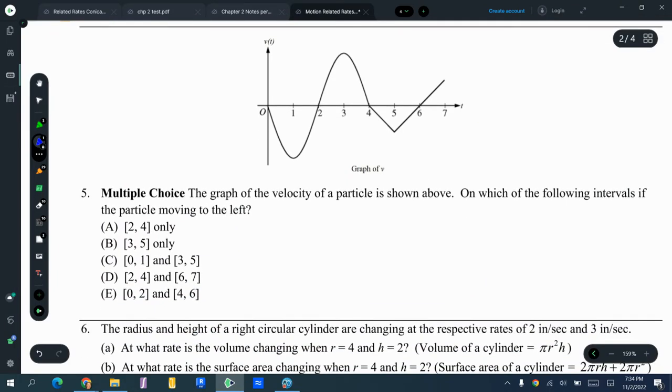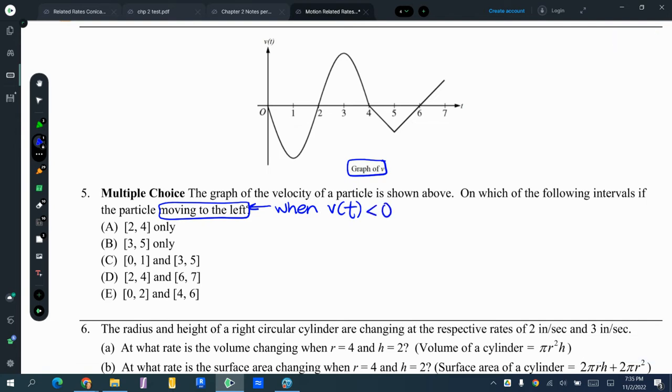Problem number 5. The graph of the velocity. Make a note. Anytime you're given a graph, exactly what is that graph? On which of the following intervals is the particle moving to the left? Use your helper sentence. The particle is moving to the left when v of t is less than 0.